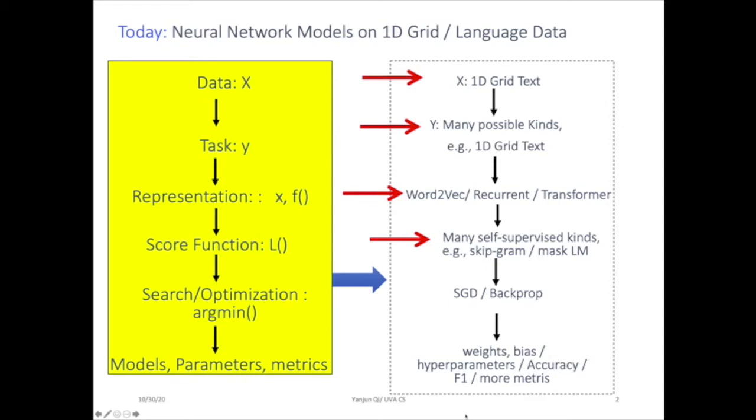neural network architectures that now start to really influence natural language processing. So this starts from word2vec, then the recurrent neural network, and then the one that is currently very dominating, the transformer type of neural network models.